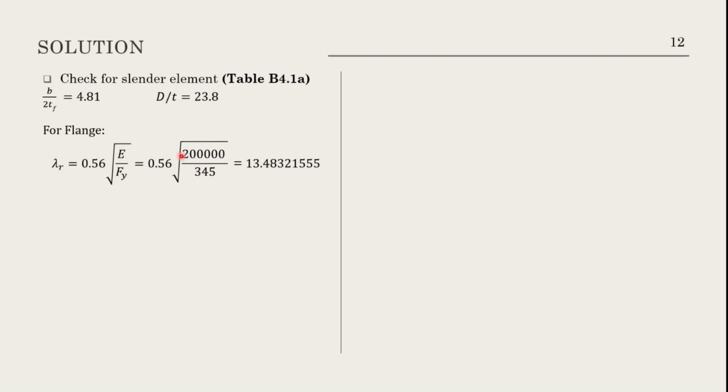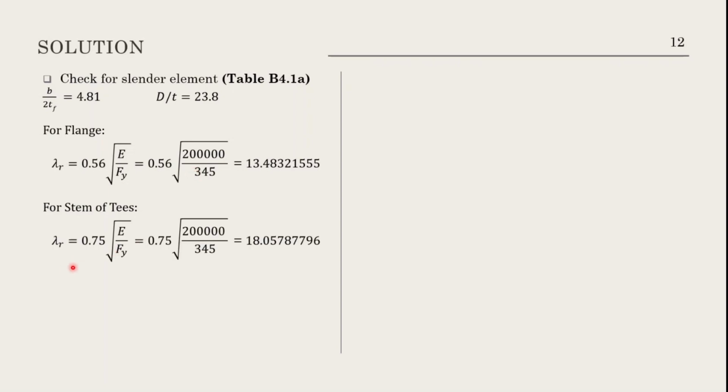How about for the stem of the T? We compare 23.8 with this 13.483. No, because the stem of the T is different from the flange. We use this for the flange, and we have a different limiting width to thickness ratio for the stem of the T, and that is 0.75 square root of E over Fy.